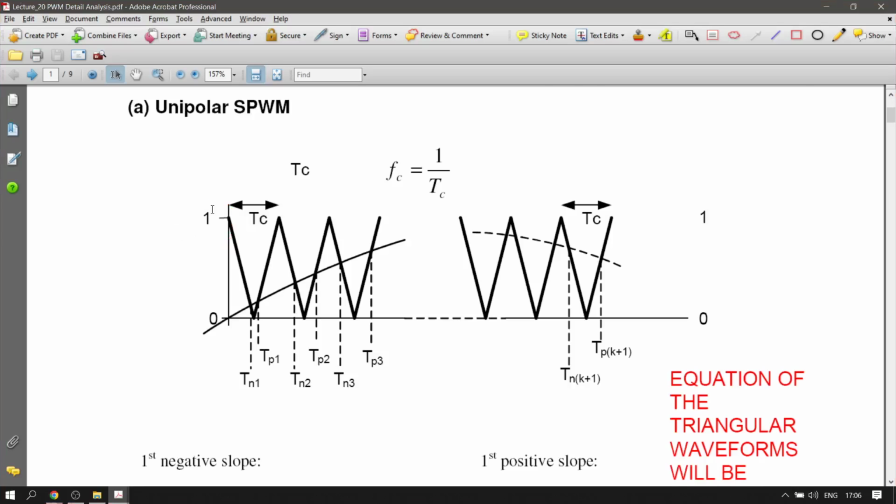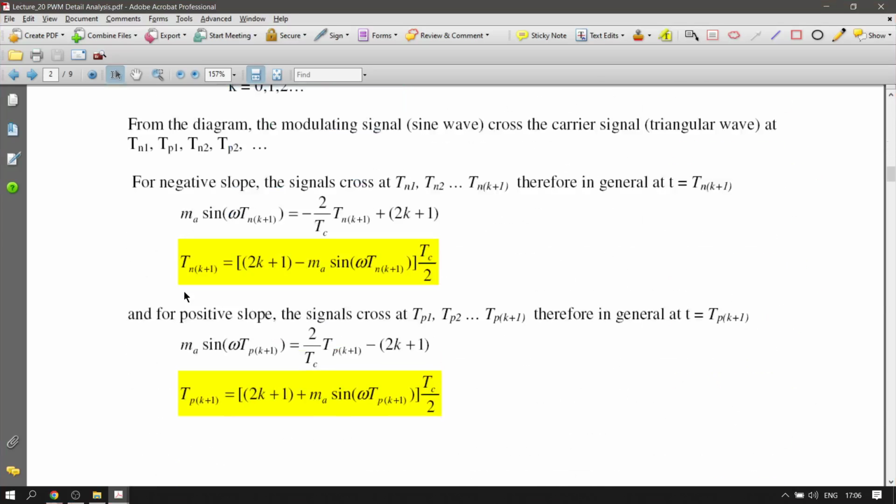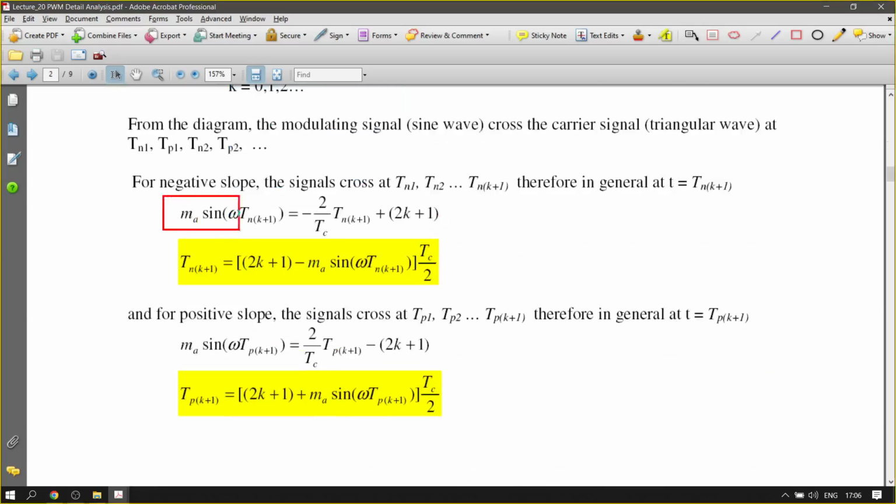Kita fix dia equals to 1. So, therefore, kalau kita tengok betul-betul equation untuk sinusoidal signals, let's say we name it as V_M(t) equals to M_a sine omega t and k plus 1.